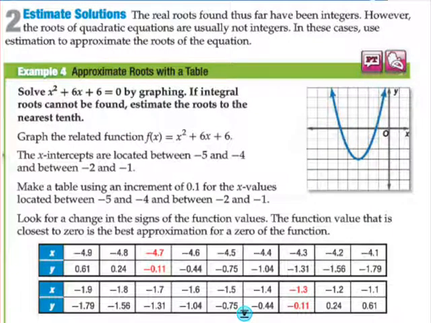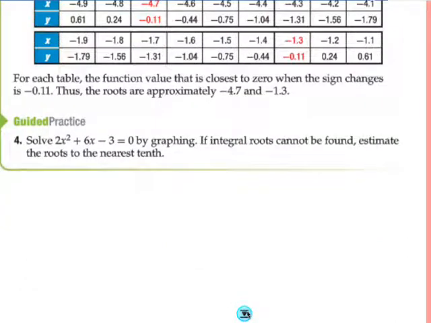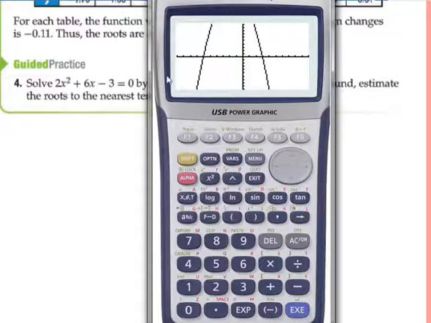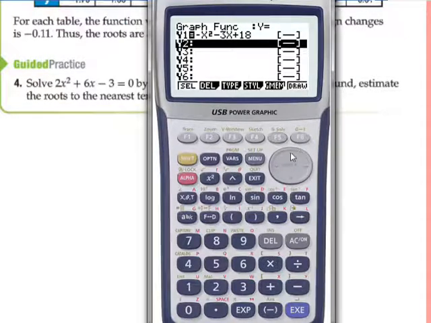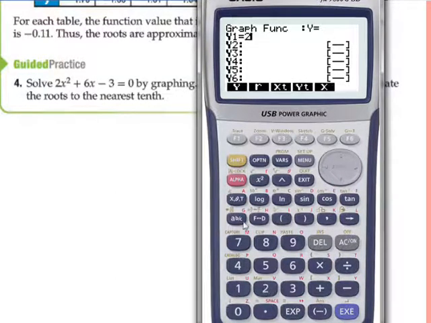So estimating a solution, sometimes the graph doesn't have integral roots. The roots aren't integers. So we'll estimate the solution and say it's about this or about that. We're really just looking for a ballpark there. Let's go ahead and take a look at our graphing calculator and get some practice with that. So if we wanted to put that in, we have 2x squared plus 6x minus 3.